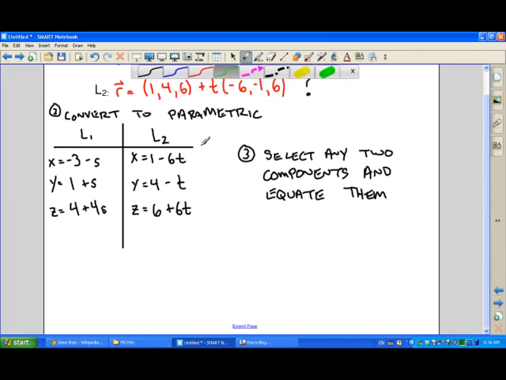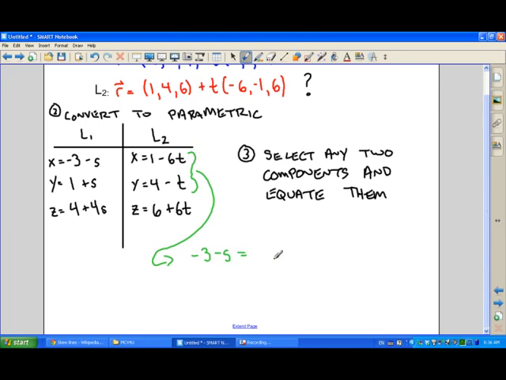So I'm going to take my equations for x and y, and I'm going to set them equal to each other. So negative 3 minus s is equal to 1 minus 6t, and 1 plus s is equal to 4 minus t.